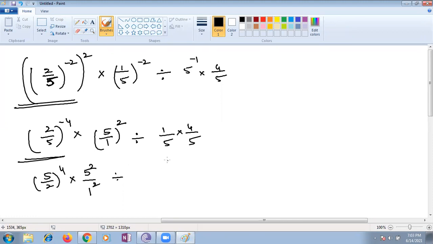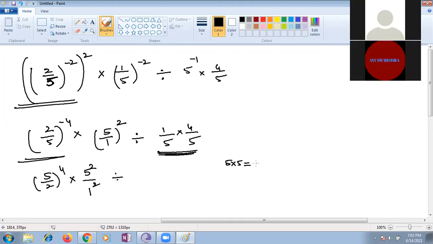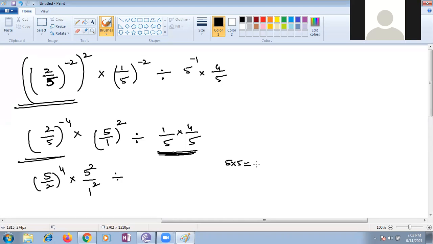This denominator 5 is repeated 2 times. So 5 multiplied with 5, how am I supposed to write it? Ma'am, 25. In exponential form I want. Ma'am, 5 square. Very good. Now, Aditya, please respond.